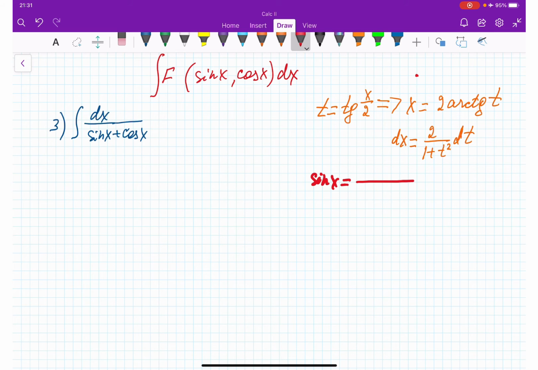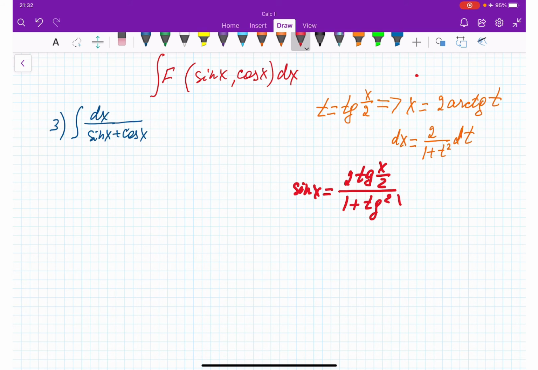Sine x is 2 tangent half of x over 1 plus, remember this formula?